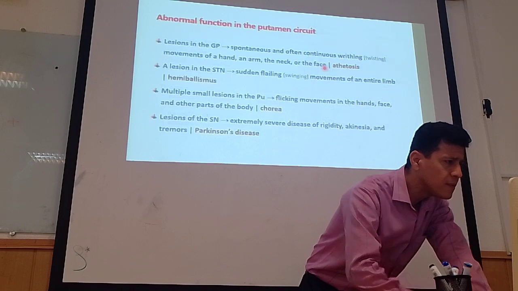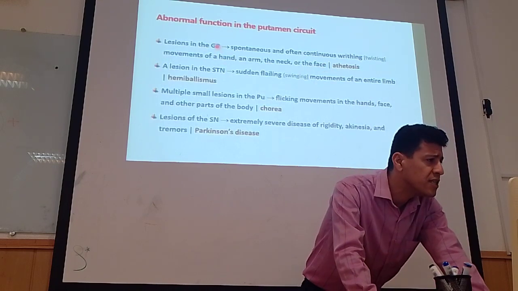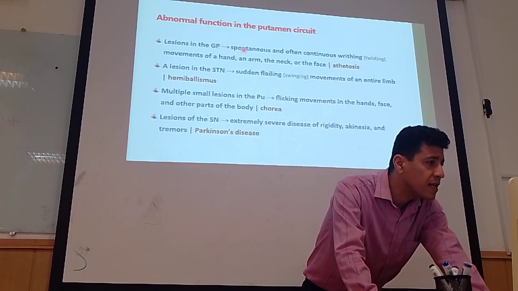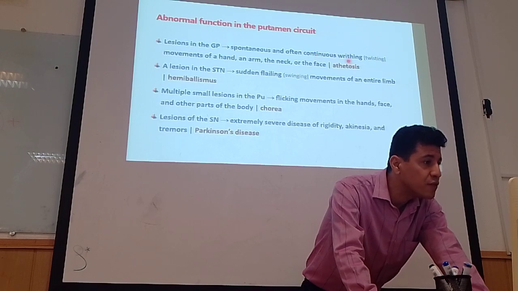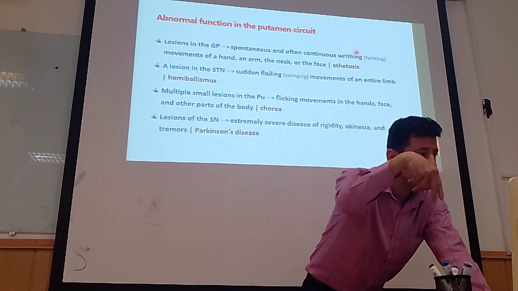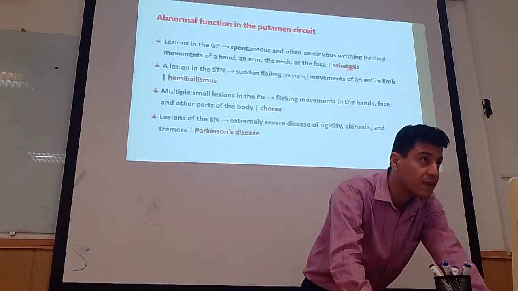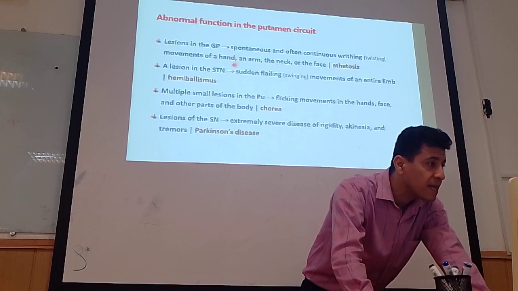Right? So, some abnormalities in the putamen circuit. Lesion in the globus pallidus causes spontaneous and continuous writhing movements, like twisting. Okay? So we call this athetosis. It may happen in hand, arm, neck, and face.